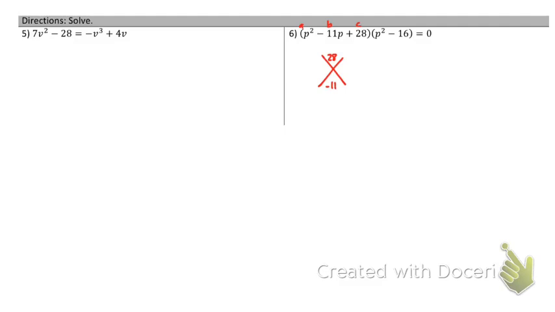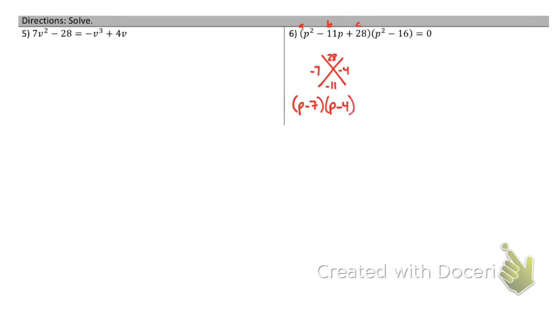That's going to give you negative 7 times negative 4. Remember, when I multiply two negatives, they give me a positive. When I add two negatives, it gives me a negative. So do the math here. It works out. This first set of parentheses factors into p minus 7, p minus 4.